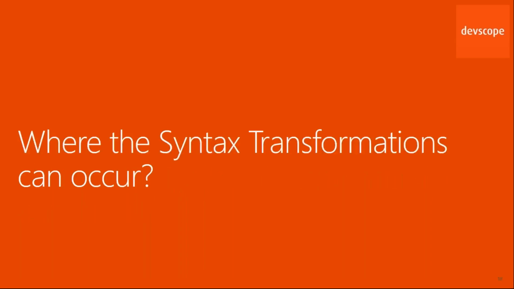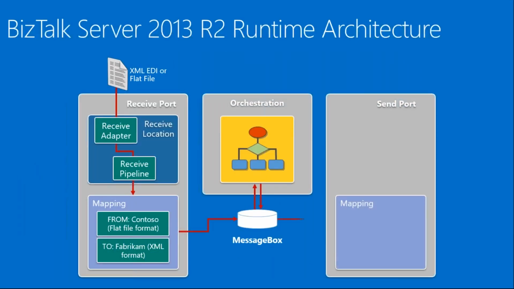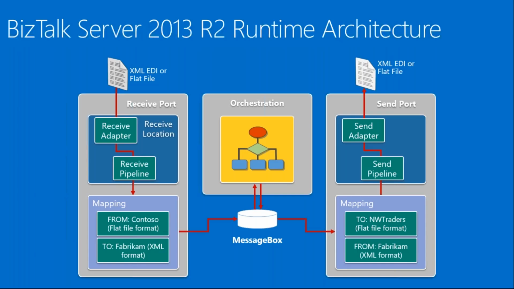This is where this syntax transformation, the process of converting flat files to XML, occurs. And you all know this. Basically, the files are received by a port that passes through a location, a receive adapter, and then of course the receive pipeline. Here is where the file is translated from flat file to XML, and it can pass through a mapping or not.